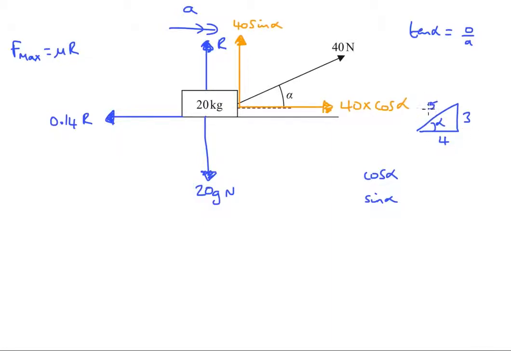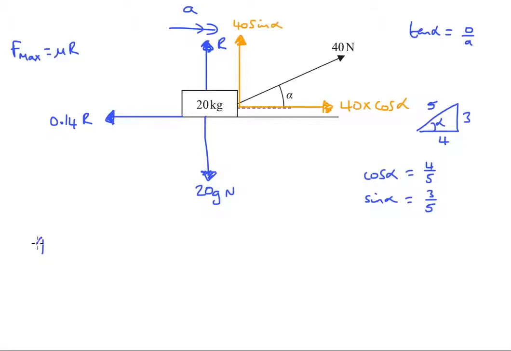That's going to be 5 for a 3, 4, 5 triangle. Then we can say that the cos of alpha is going to be the adjacent, which is 4 over the hypotenuse, and sine of alpha is going to be the opposite, which is 3 over the hypotenuse. So we could even change them here. We could say that this is going to be 40 times 3/5, and this is going to be 40 times 4/5. But I'll wait and do that when we get down to the actual resolving of forces.